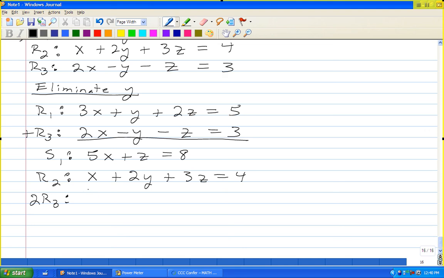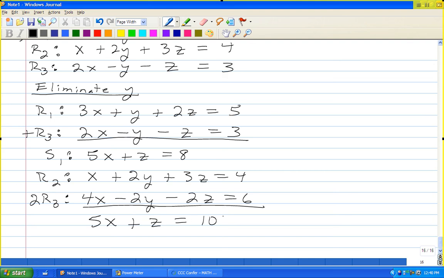So I have 4x minus 2y minus 2z equals 6. Let's add these, so you get 5x, y's cancel, plus z equaling 10. Okay, so that's S2.